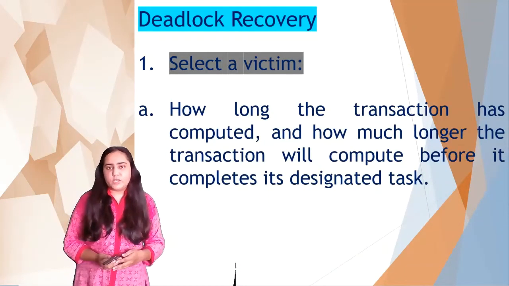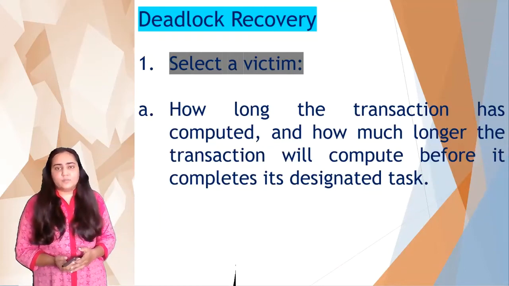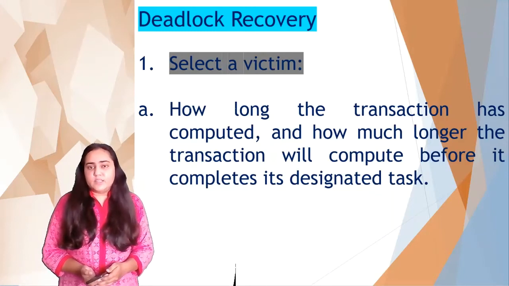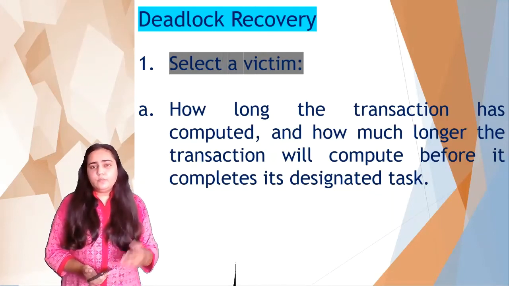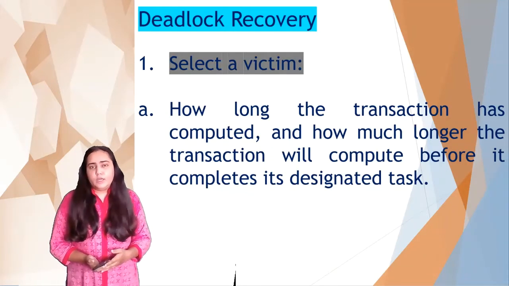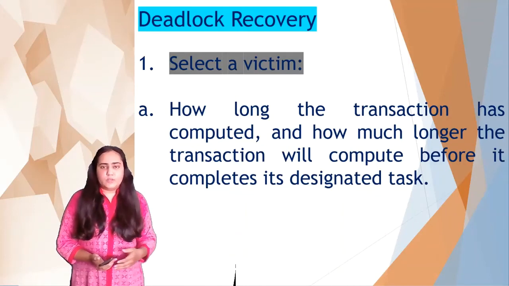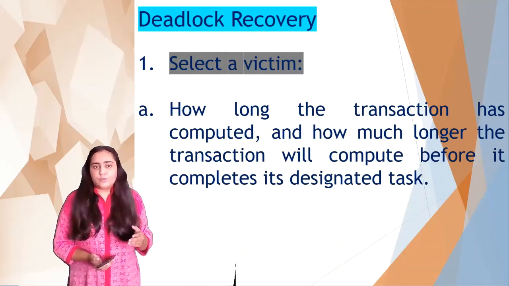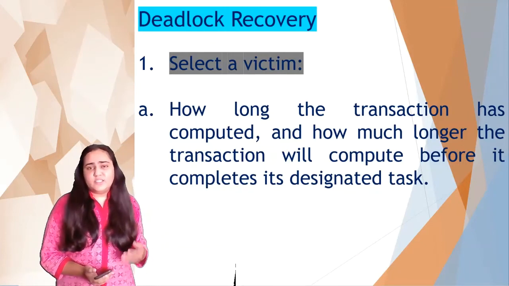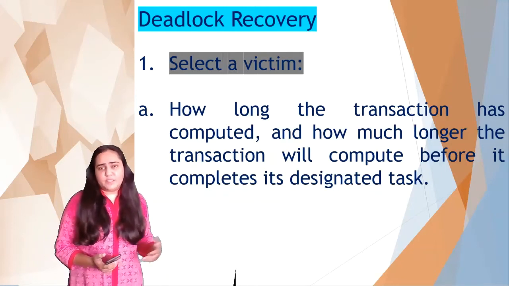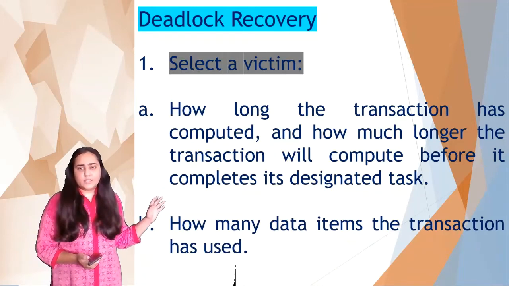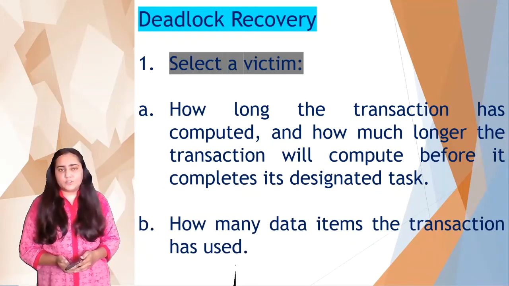The first one of which is how long the transaction has computed and how much longer it's going to compute before it completes its designated task. So a transaction that has worked for a really long time, you wouldn't want to just roll back such a transaction and ask it to do all its tasks once again. And also, if a transaction has still a long way to go, then you might want to pick such a transaction. And the second thing considered is how many data items the transaction has used.